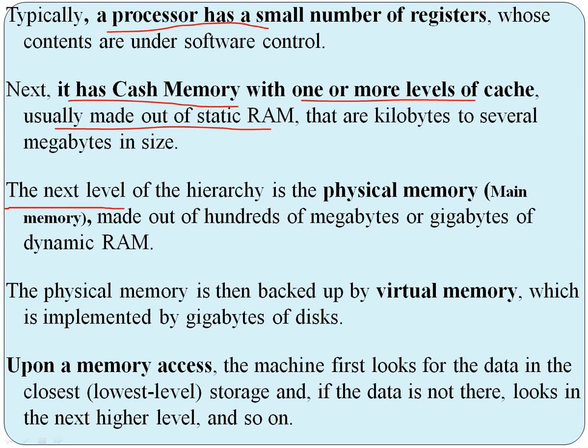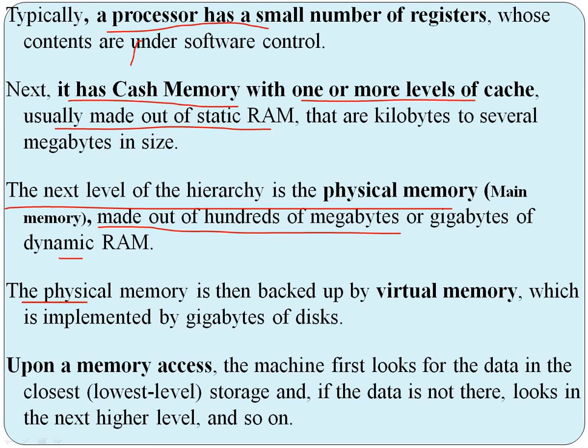The next level of the hierarchy is the physical memory, what we call simply RAM, which is made out of hundreds of megabytes or gigabytes of dynamic RAM. So physical memory is made from dynamic RAM, whereas cache memory is made from static RAM.